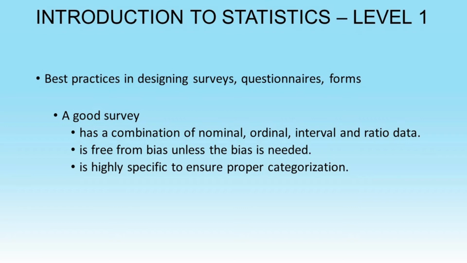As a general thumb rule, a survey should be free from bias unless you want to measure bias and you want to use some marketing collateral or advertising to play on the consumer's bias to induce him into making a purchase. The survey must be highly accurate to enable proper categorization.